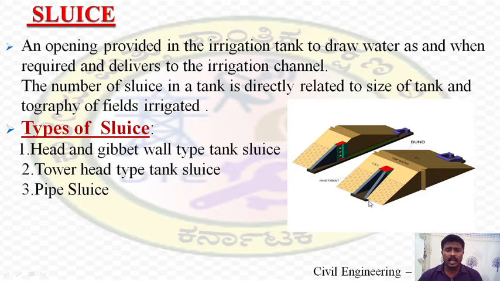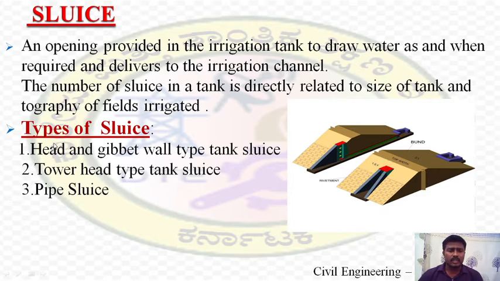If the tank is large, more sluices should be provided, or depending upon the topography of the irrigated lands, the number of sluices is decided.